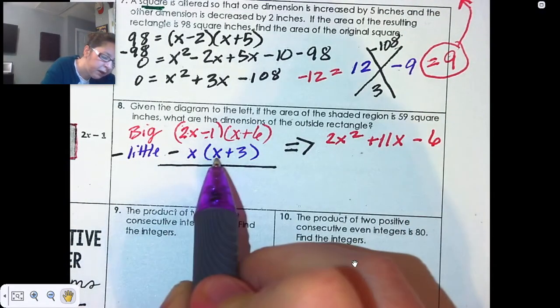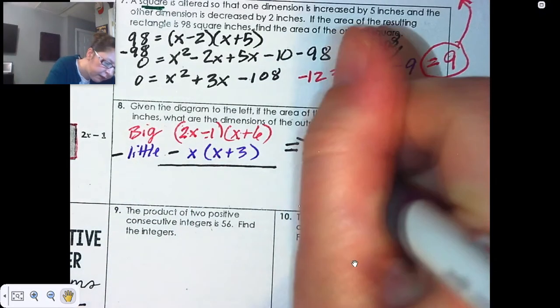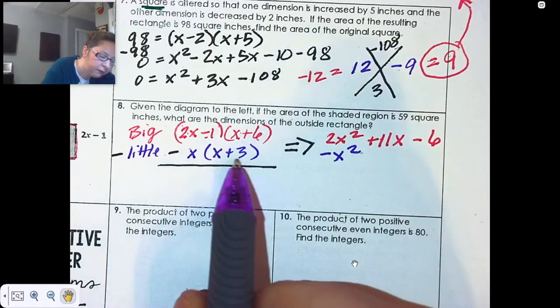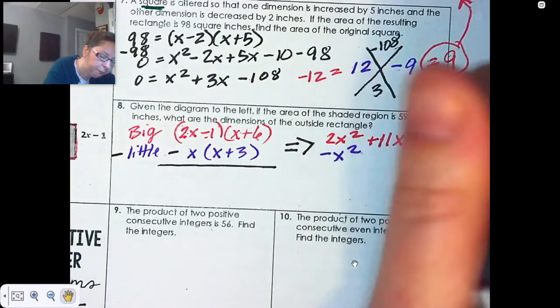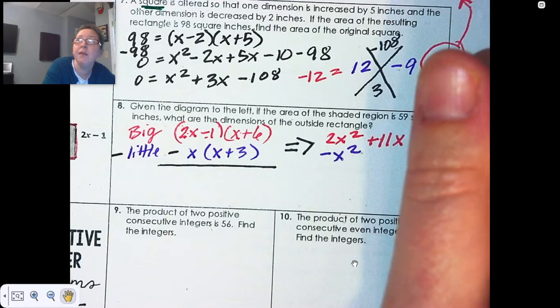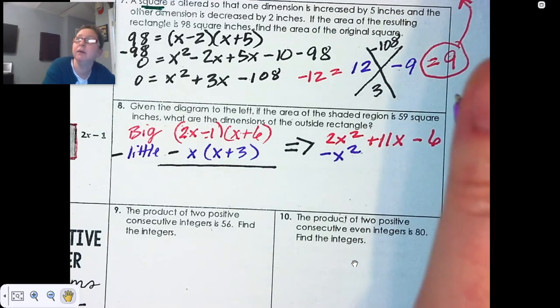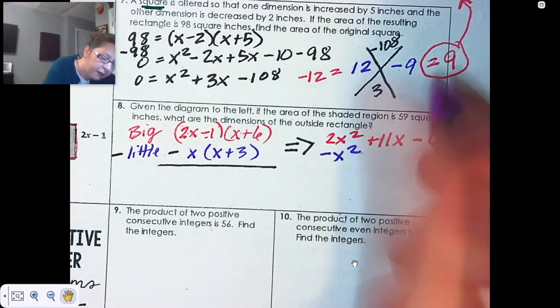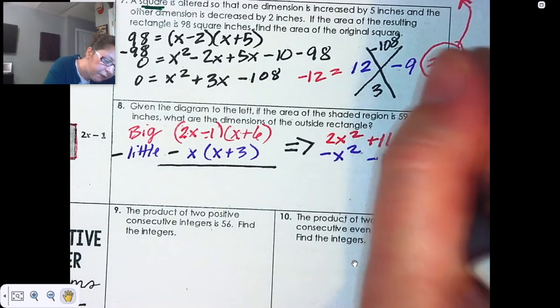Negative x times x is minus x squared. Negative x times 3 is negative 3x.